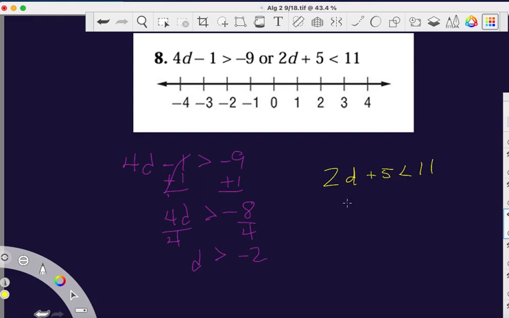So subtract 5 from both sides. 6 is greater than 2D. And then divide by 2. D is less than 3.